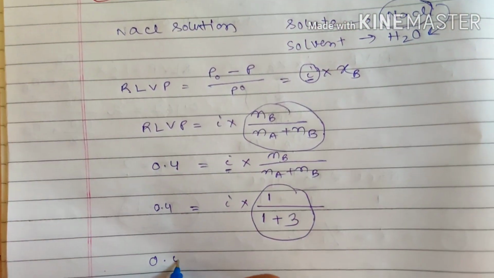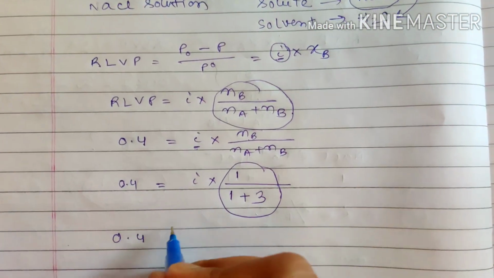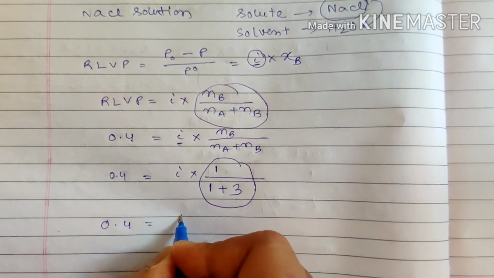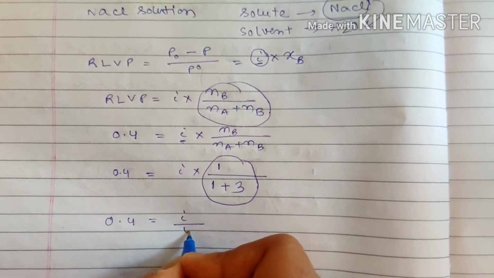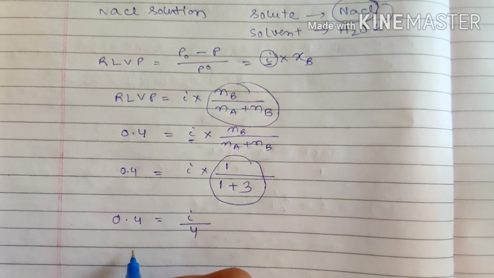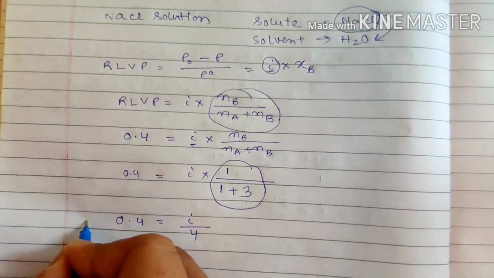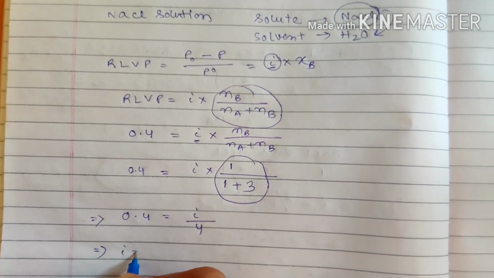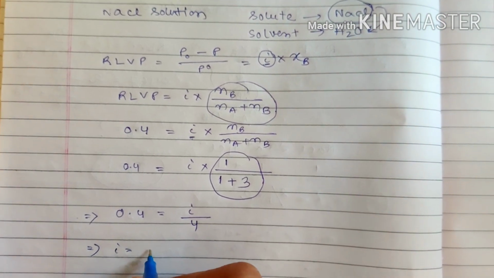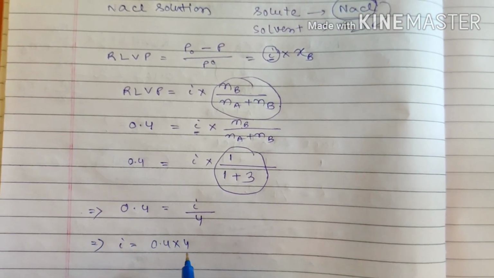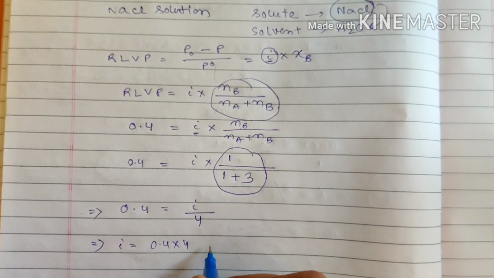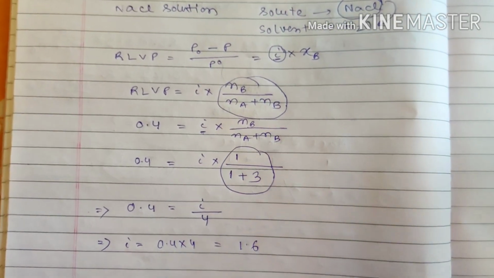So we are getting 0.4 equals i by 4 actually, because it is 1 by 4. So the i value should be 0.4 into 4, which is 1.6.